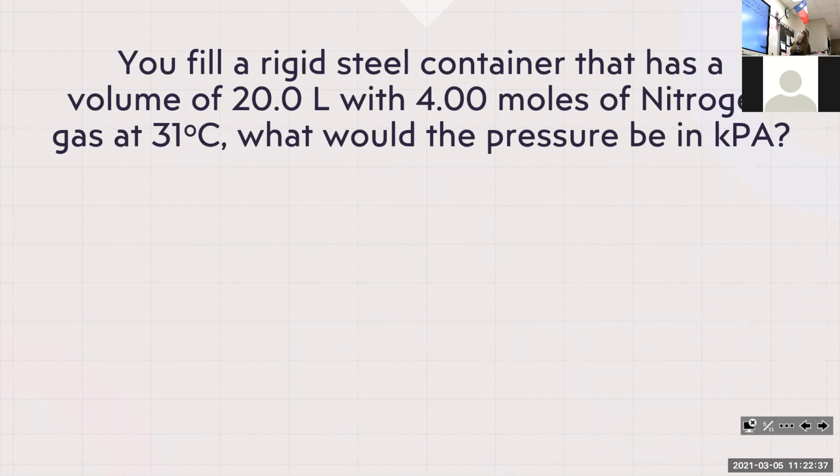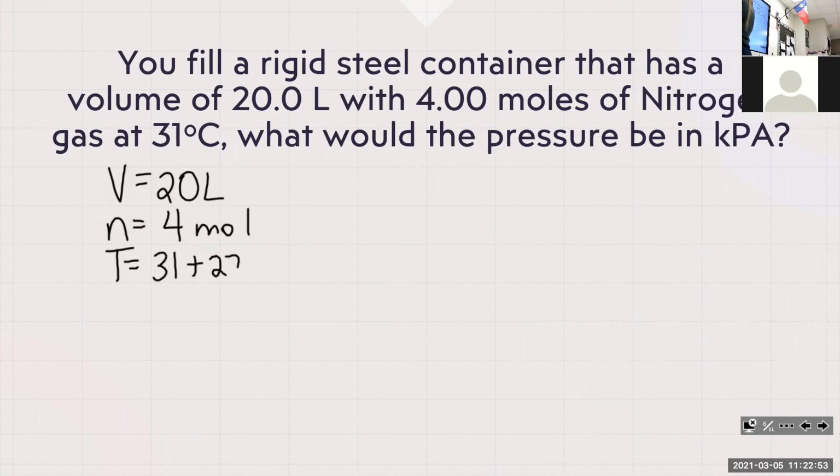So you fill a rigid steel container that has a volume of 20 liters. It has 4 moles. Remember, that's your n. Temperature is 31. Well, we add 273. What would be the pressure?